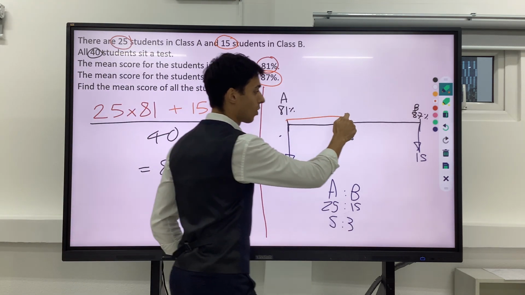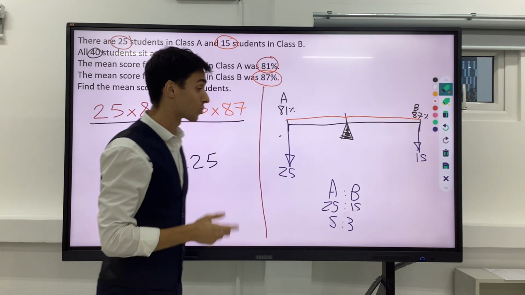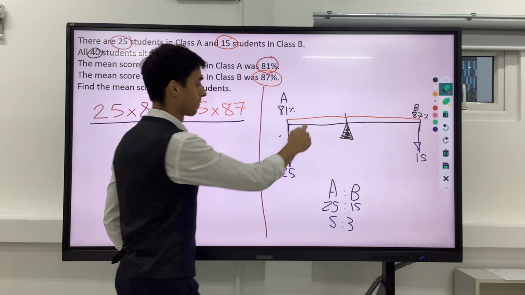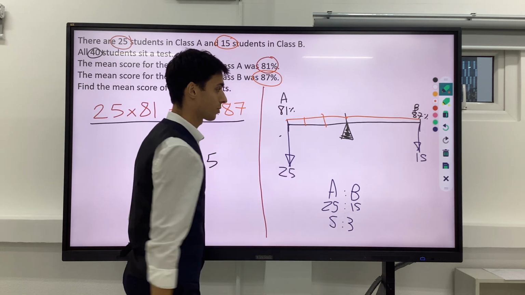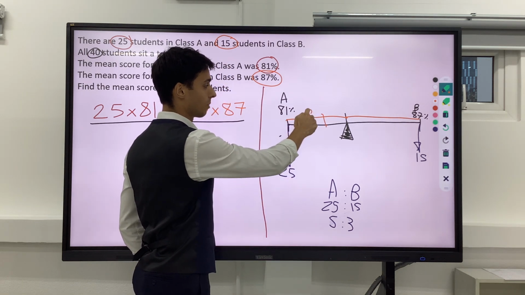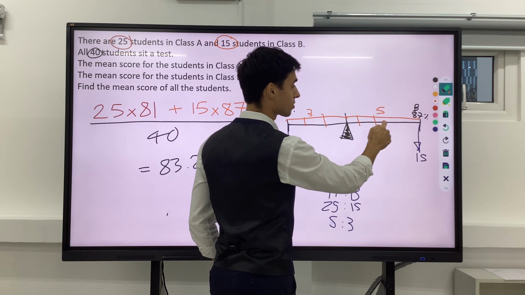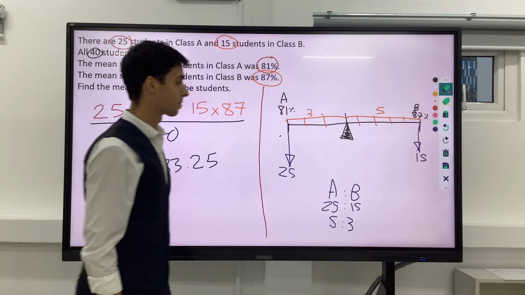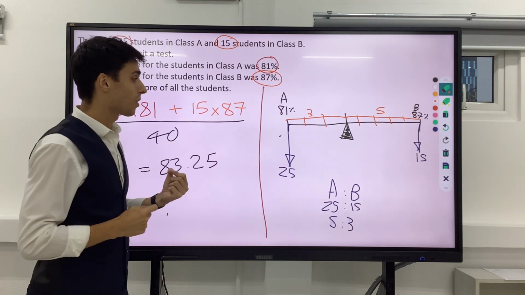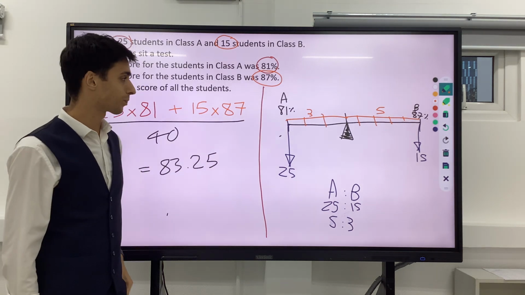So I'm going to draw on my seesaw a bar model to show this ratio. So 1, 2, 3. On this side, make a note that's 3. On this side we need 5. So 1, 2, 3, 4, 5. See, all of these parts of the ratio are equal.